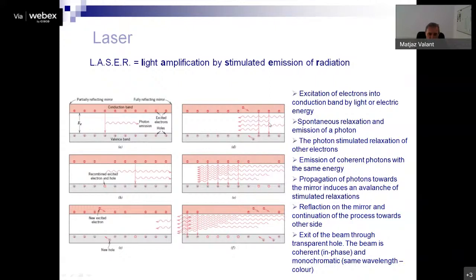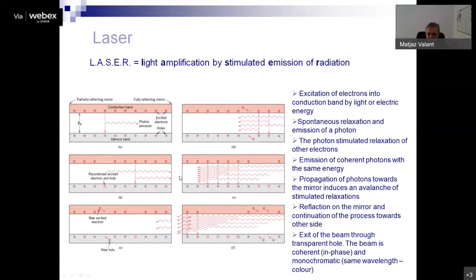So finally, we would get an intensive beam of light, or a group of photons, traveling along this slab. And on the other side, we would have a transparent hole, through which this light can escape, and we would get a beam of laser light.